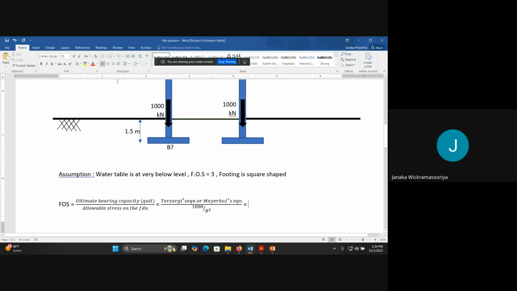Now what we have to do is find the ultimate bearing capacity for this one. We will find it and put it here.